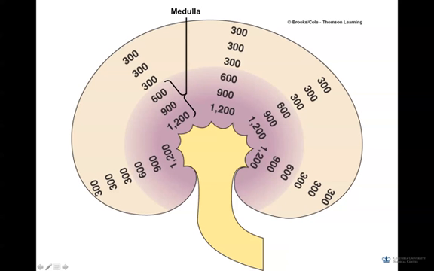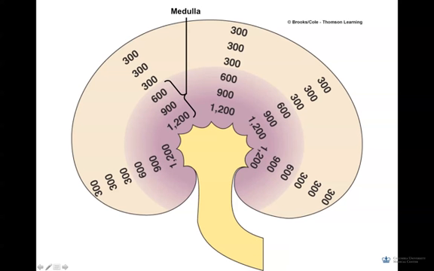But if we look at the inner portion, the medulla of the kidney, the interstitial space has an osmotic gradient. It goes from 300 and gets higher and higher as we get closer to the renal pelvis. The portion of the renal medulla closest to the renal pelvis has a maximal osmolarity of 1200. This osmotic gradient persists no matter what's happening.